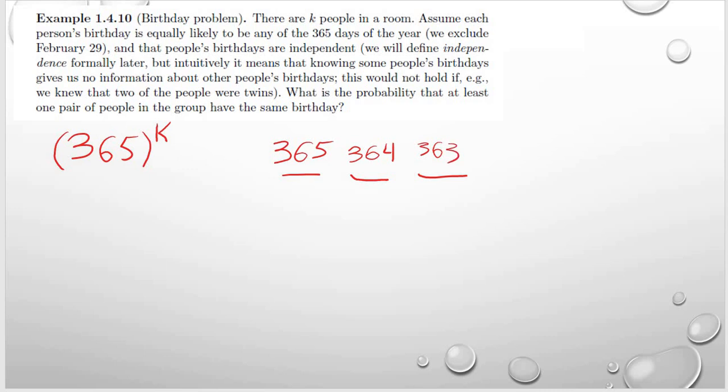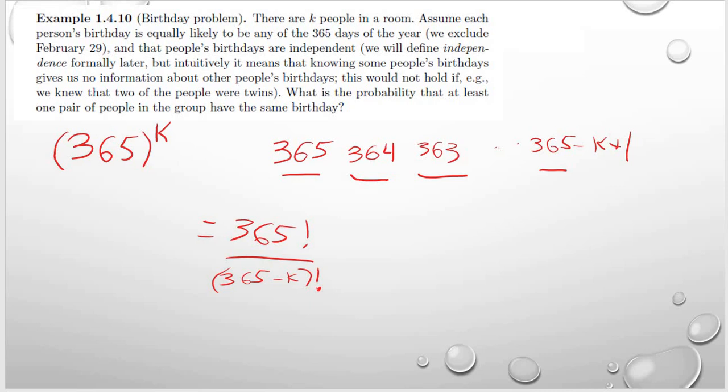And so more generally, we'll get to 365 minus k plus 1, which you will recognize when you multiply all that out as 365 factorial over 365 minus k factorial.